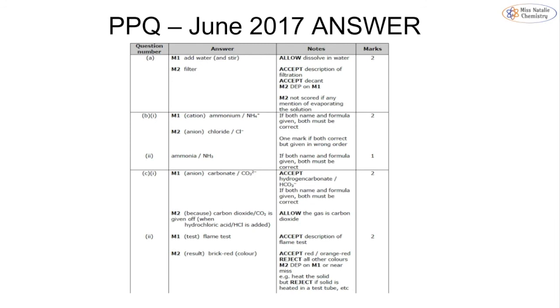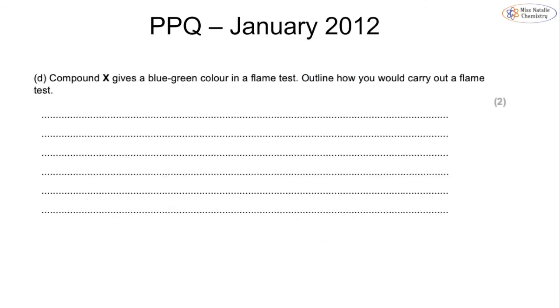And let's just have a look at the January 2012 paper, just to go through a very common question that comes up in exams, where compound X gives us a blue-green colour in a flame test. Describe or outline how you would carry out a flame test for 2 marks. So how do we do this?